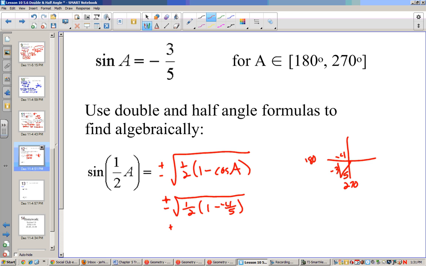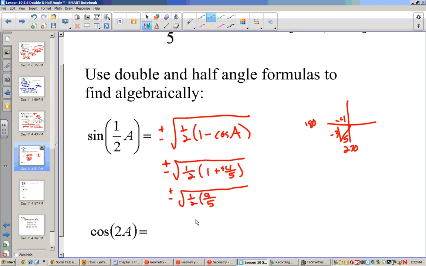So that's going to be 1/2 times, 1 plus, if it's minus a negative, 4/5. 1 and 4/5 is the same thing as 9/5. So now when I multiply them, that would be the square root of 9 over 10. So the square root of 9/10.